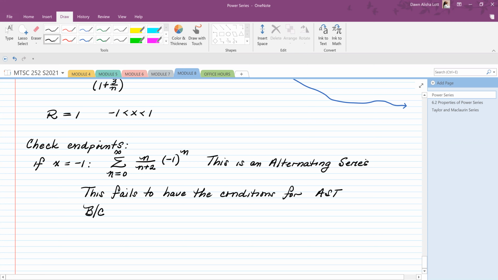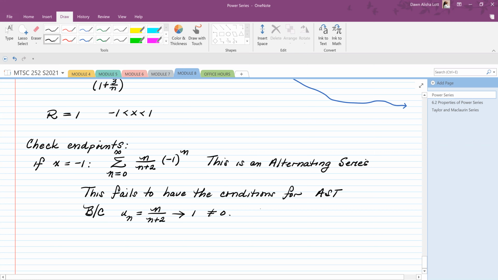Can you see it? It fails condition 3, because u sub n here is n over n plus 2, and that goes to 1, which is not 0.